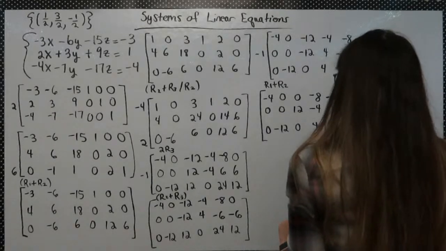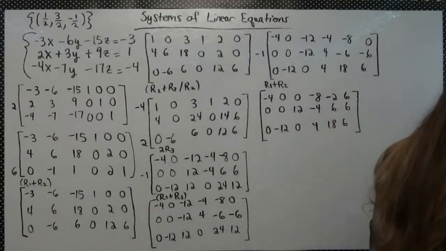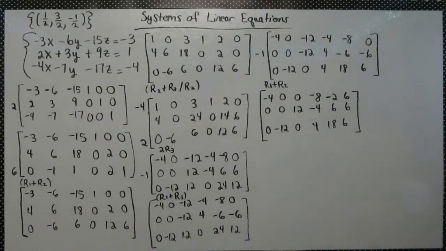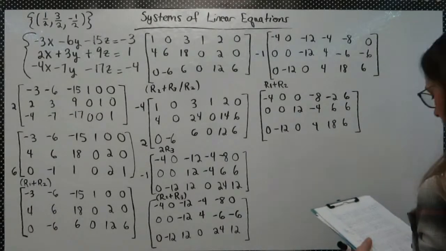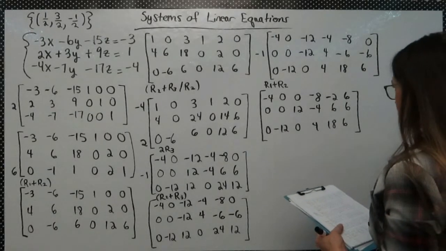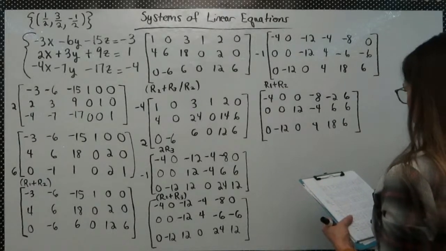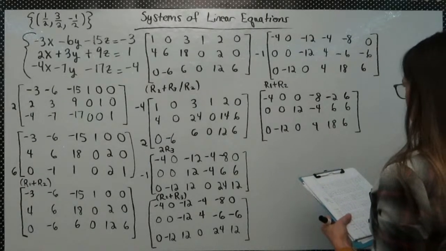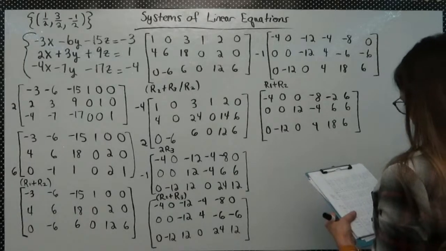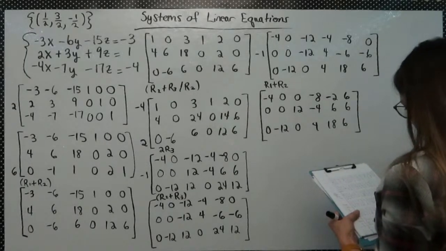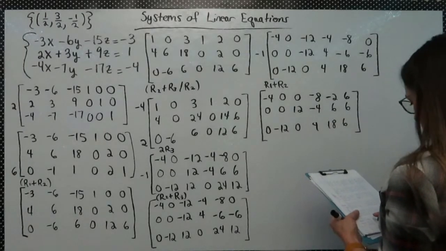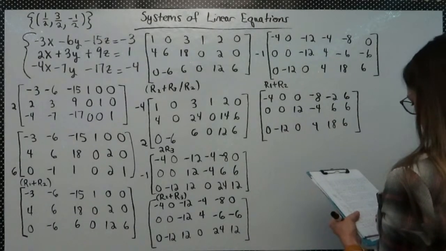All right, I think the only other thing I have to do is I have to switch the order of the rows. Let me make sure I have these coefficients correct. -4, 0, 0, 8, 2, 6, 0, 0, 12, 4, and then 4, 18, and 6.